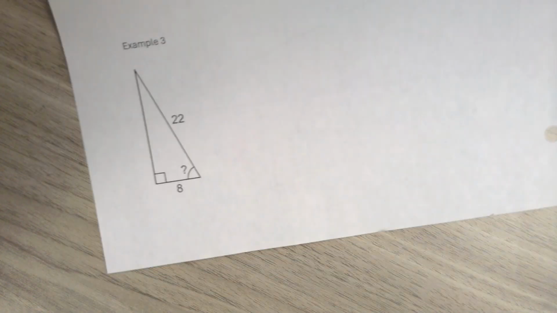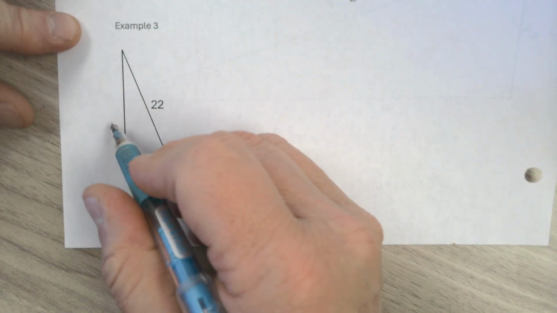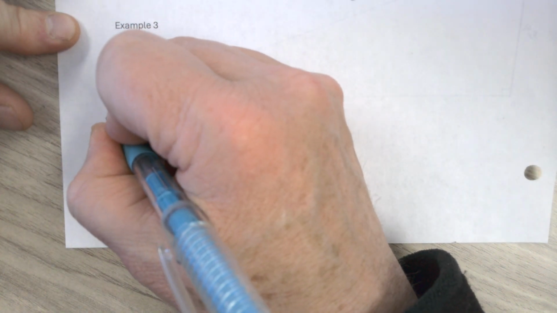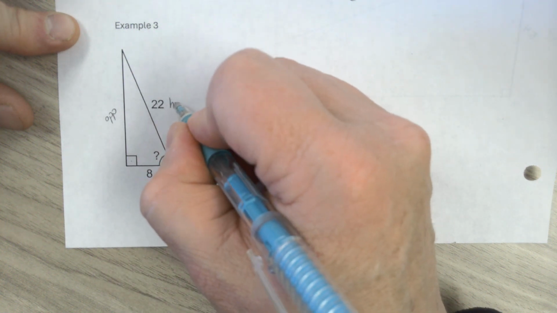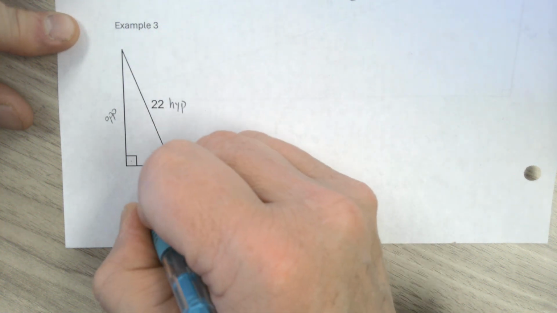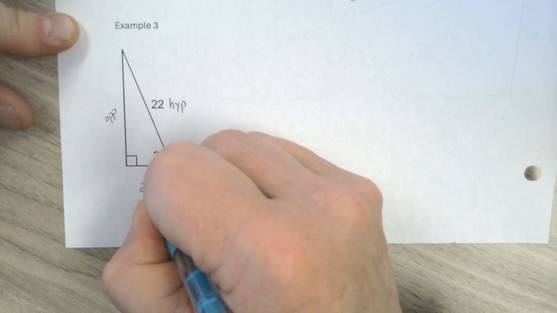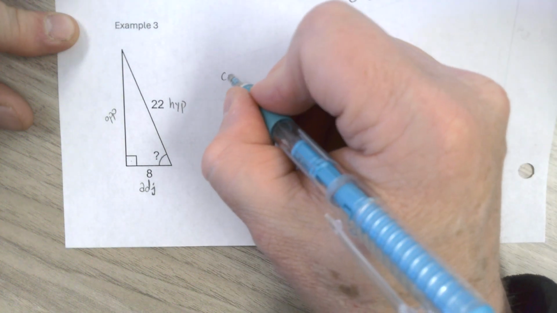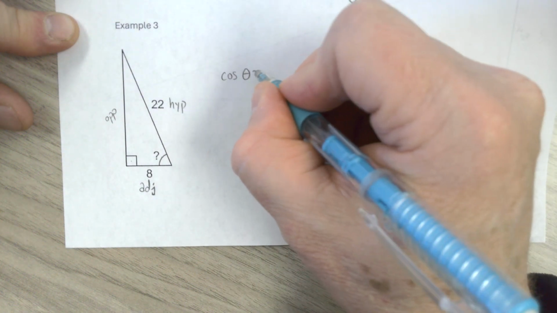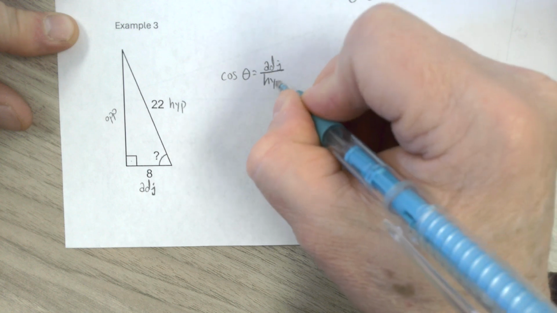Okay, so hopefully you should have this last one done. Once again, here's our reference angle. If I go opposite to it, this is our opposite side, which we don't know. Here's our right angle, so this makes this side the hypotenuse, which the remaining side then would be the adjacent. Since we know the hypotenuse and the adjacent, that would lead us to cosine, which is adjacent over hypotenuse.